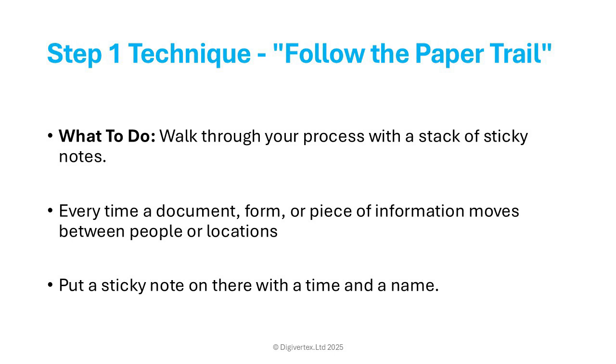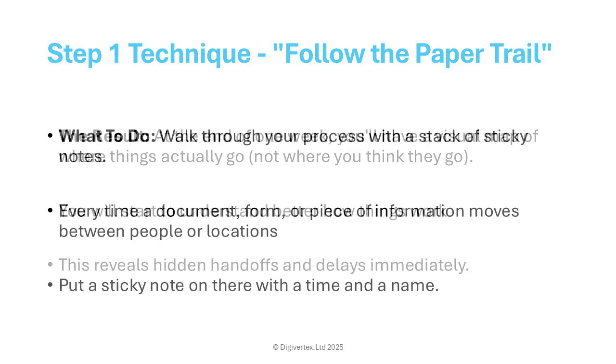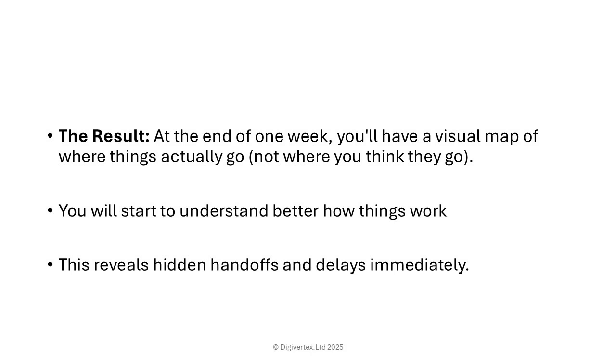Put somebody's name on it. And gradually, you will build a map of your entire office process. By the end of 1 week, if you do this, you'll have a visual map of where things are, where they go, and who does what and how.